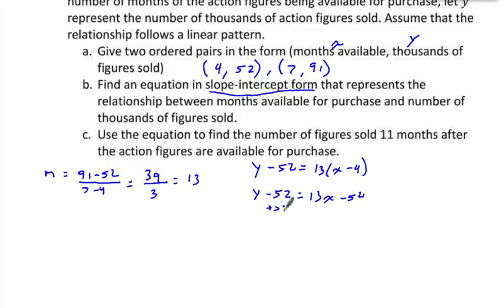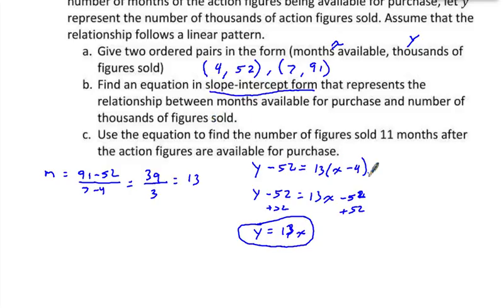We'll add 52 to both sides. And we're left with y equals 13x. That's in slope-intercept form to satisfy the request of Part B.